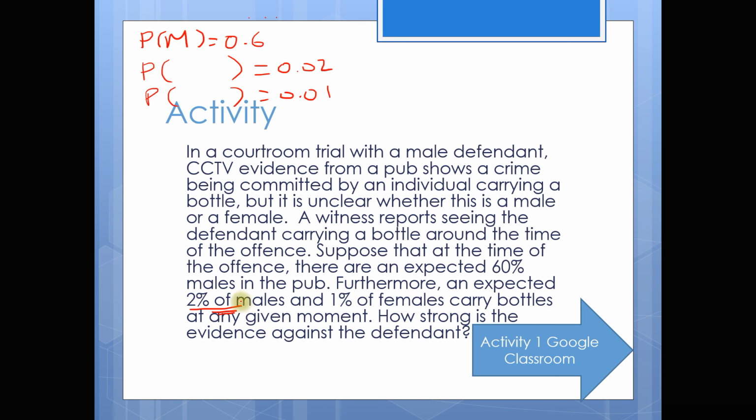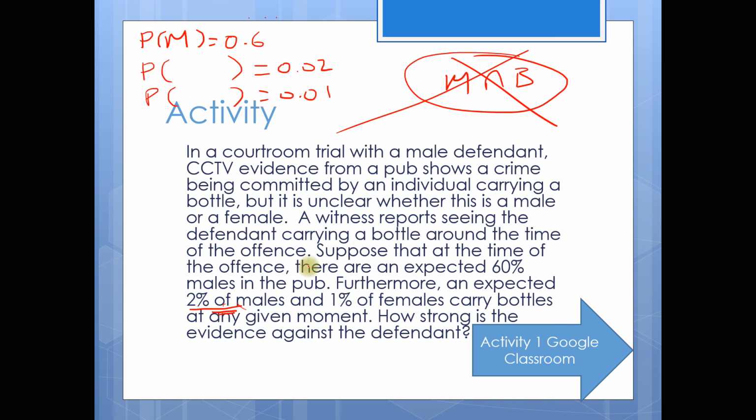What you are reading here is an expected 2% of males. That does not mean the 2%. I think some of you are thinking about this right now. If you are thinking that, this is wrong, because you're not talking about the whole sample space, that is, all the possible people who could have committed the crime. No. When you're saying of male, you are referring to only a particular part, a segment of the whole sample space that we were referring to.